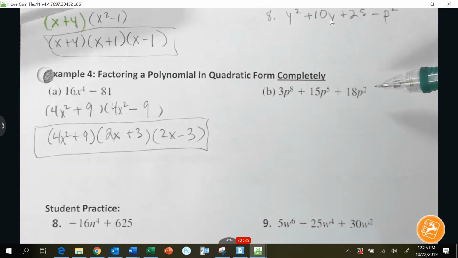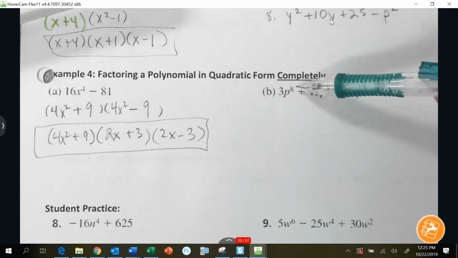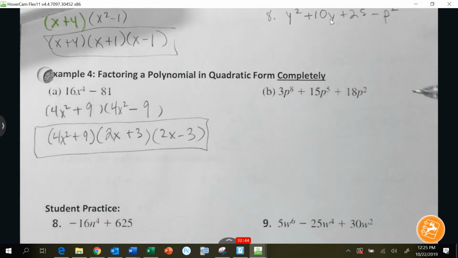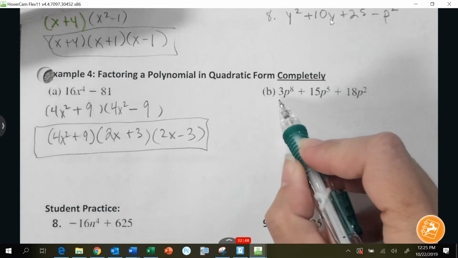So again, these are in quadratic form. 3p to the 8th plus 15p to the 5th plus 18p squared. Michaela, is there a GCF? 3? P squared. Okay.